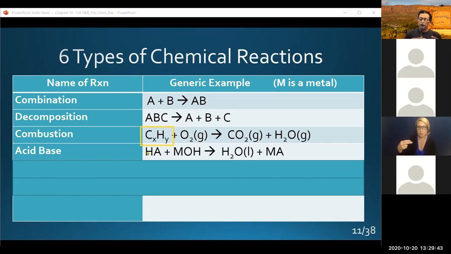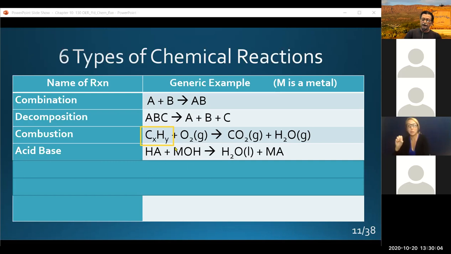And the hydroxide in the water, the only product you get is water. The proton and the hydroxide always give you water. So water is one of my products, and what is left is what we call the salt.